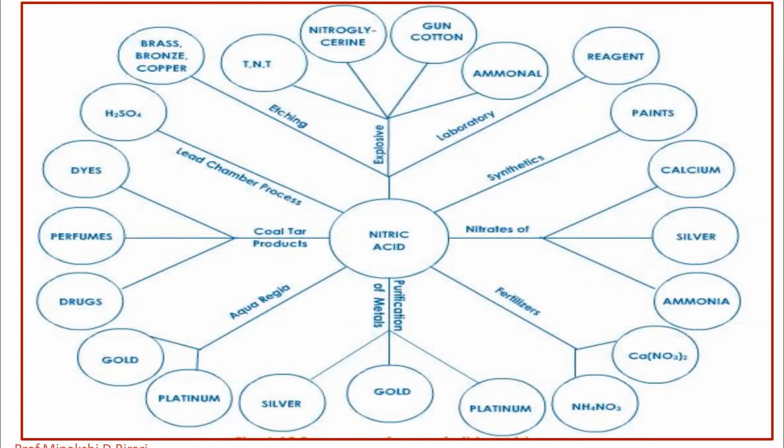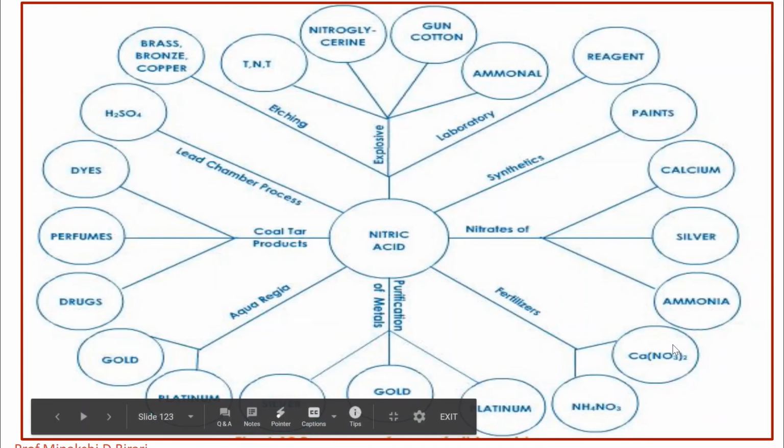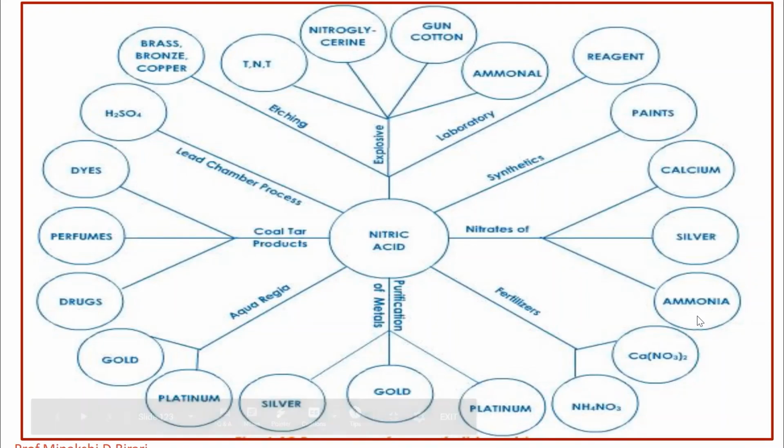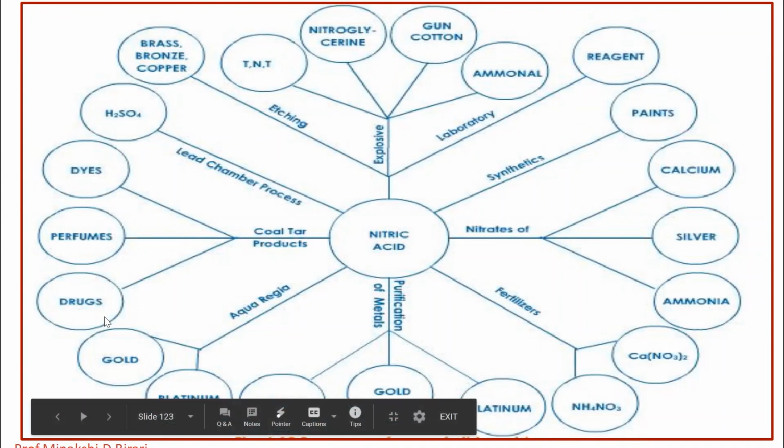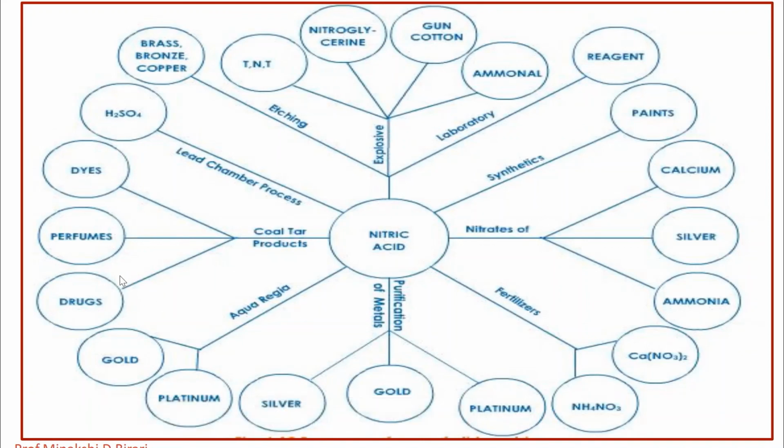It is used in the purification of silver, gold, platinum, etc. Nitric acid is used in etching designs on copper, brass, bronzeware, etc. It is also used as a laboratory reagent. It is used in the manufacture of fertilizers such as calcium nitrate, ammonium nitrate, etc. So these are the various uses of nitric acid.